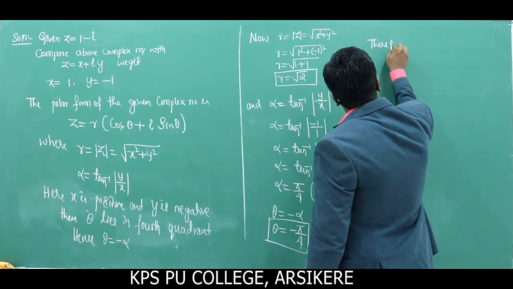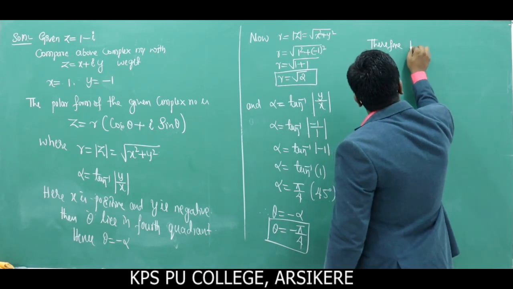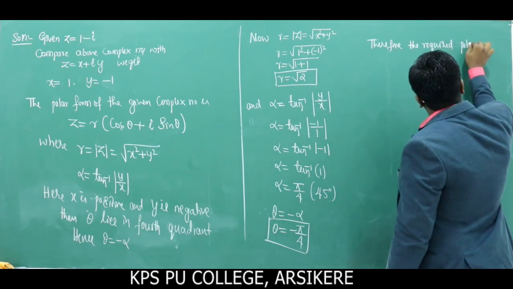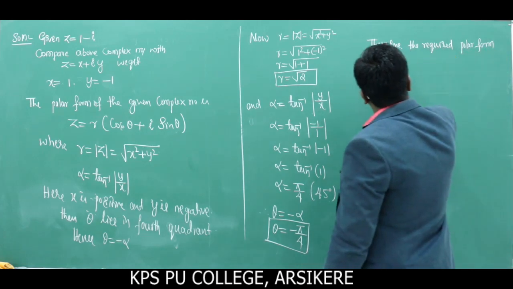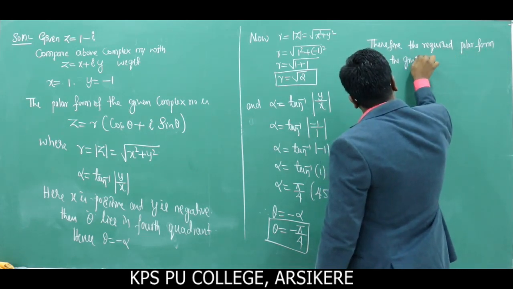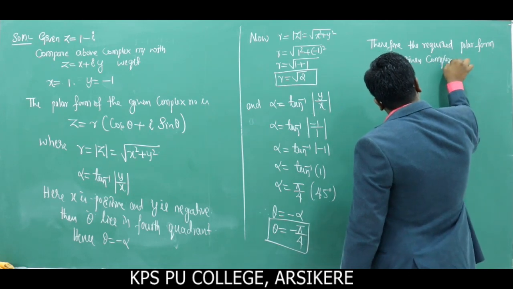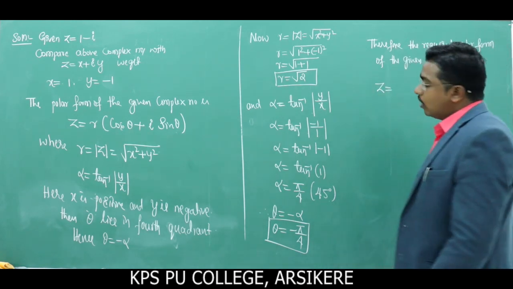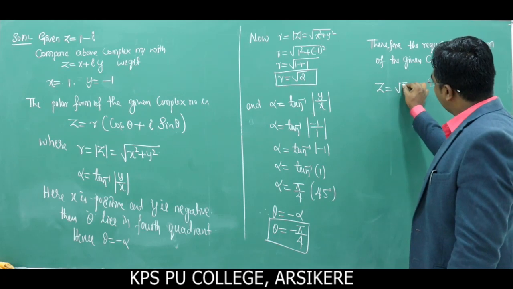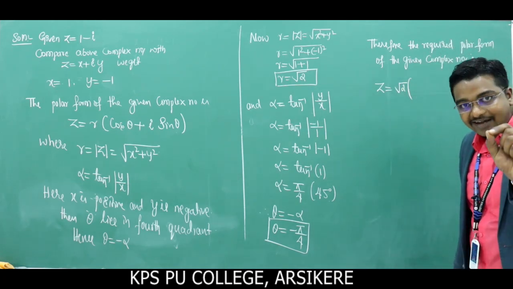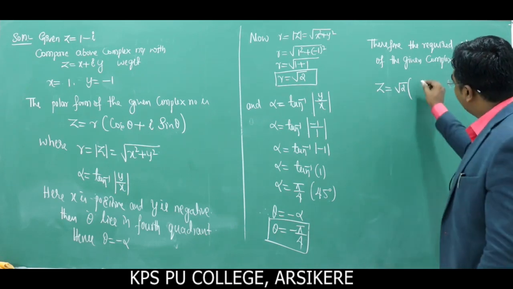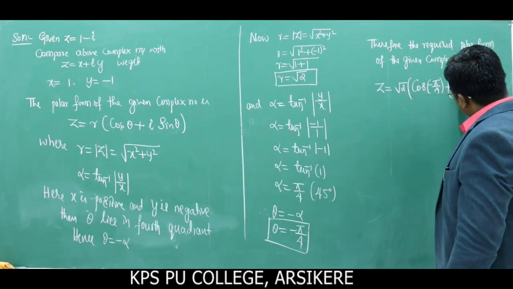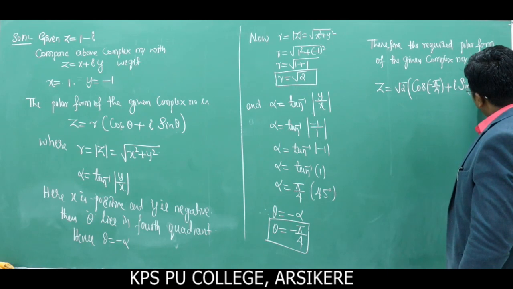Therefore the required polar form of the given complex number is z is equal to r, which is square root of 2, times cos of theta, where theta is equal to minus pi by 4, so cos of minus pi divided by 4 plus i times sin of minus pi divided by 4.